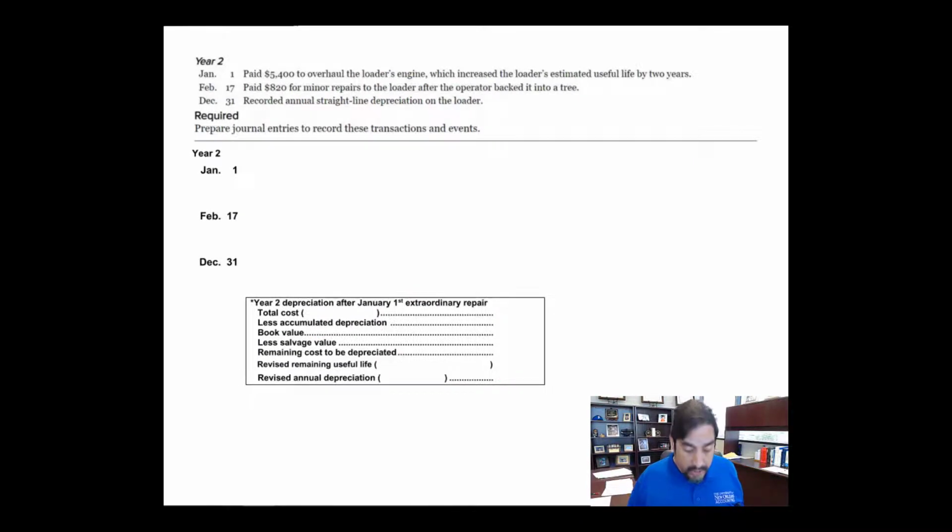Same example, now it's year 2. In year 2, we paid $5,400 to overhaul the loader's engine, which increased the loader's estimated useful life by 2 years. So this is an improvement. This is a betterment. We're going to record that to the equipment account.